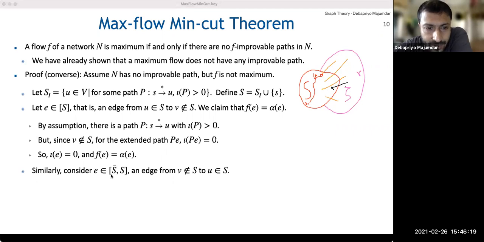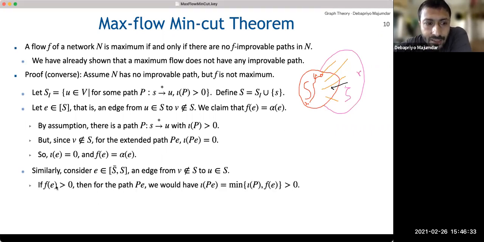So if E belongs to S bar to S, this set of edges, that means an edge from V outside S to U in S, then if the flow from right to left here, or S bar to S, on this edge is greater than 0, then for path PE, right?